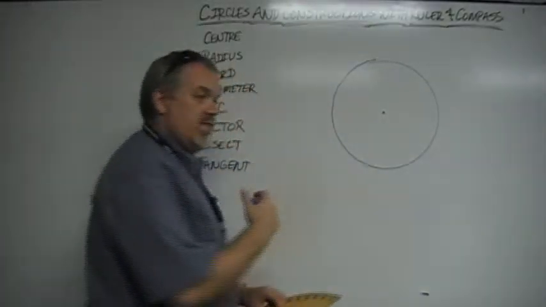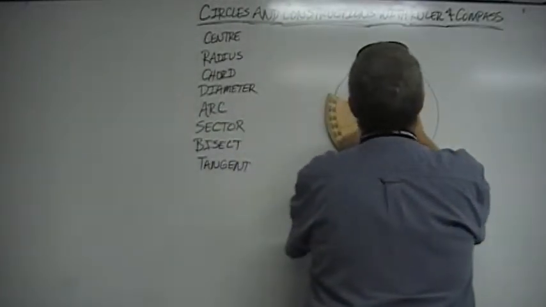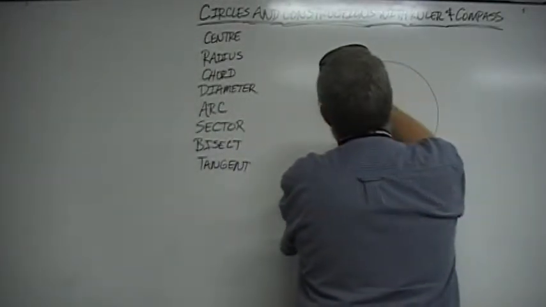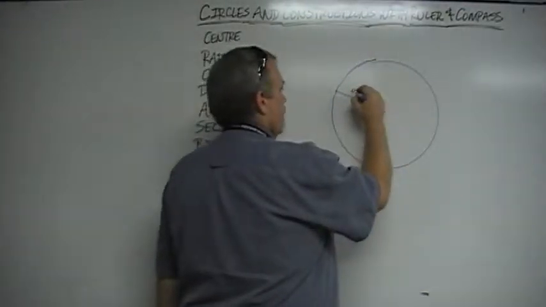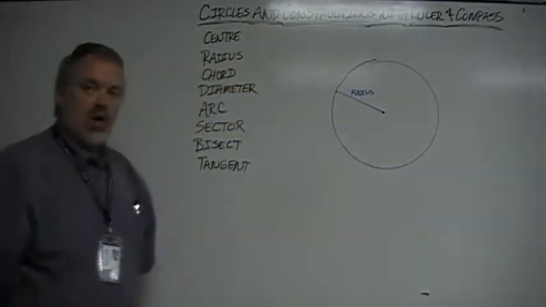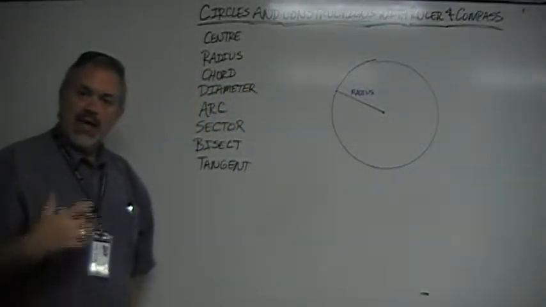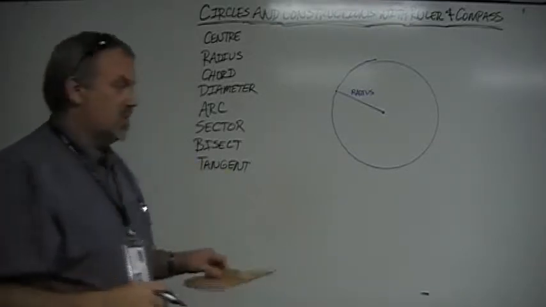Another important part of a circle is the radius. And the radius starts in the center and goes out to the edge. That is a radius. A chord is any line segment that starts on one side of the circle and goes across to another side.